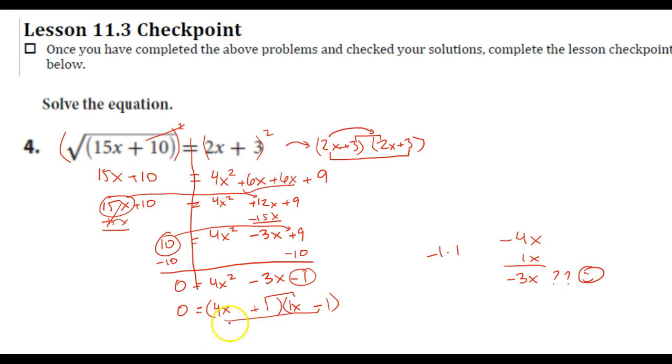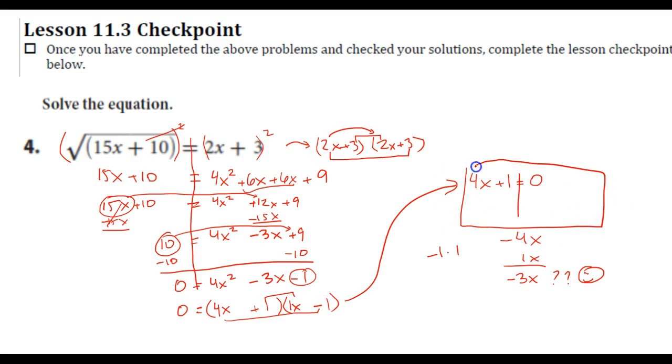Yes. So this would be our correct factorization. We're going to solve each one of these out. 4x plus 1 equals 0. Let's solve that out. And x minus 1 equals 0, and solve that one out. I'm going to let you do that on your own for number 4.